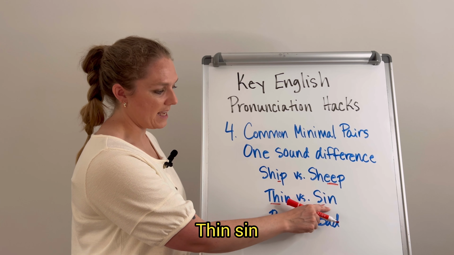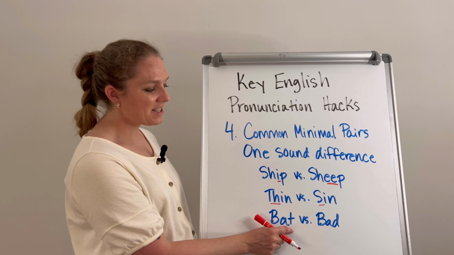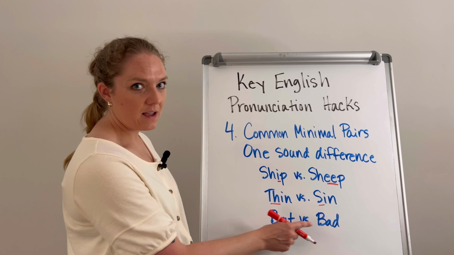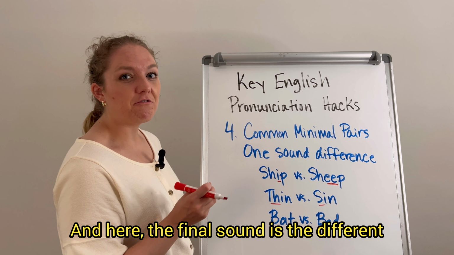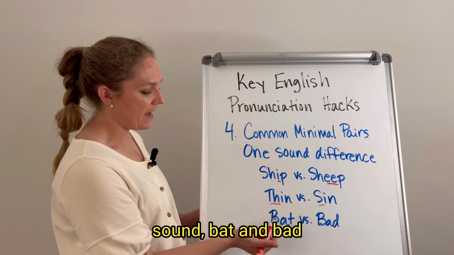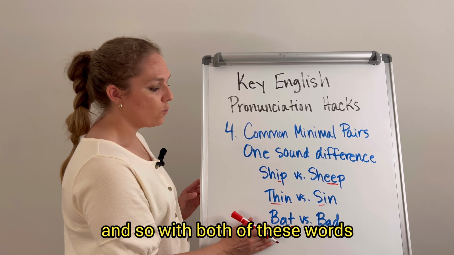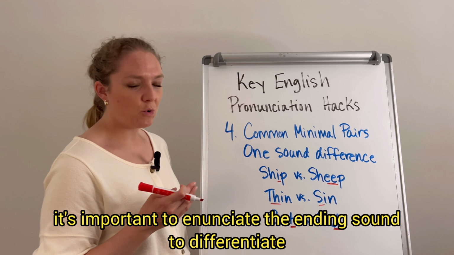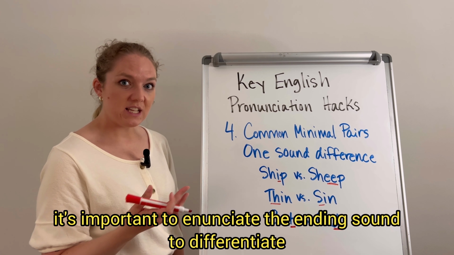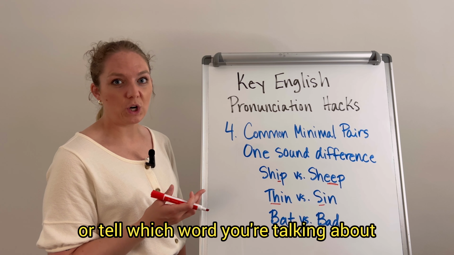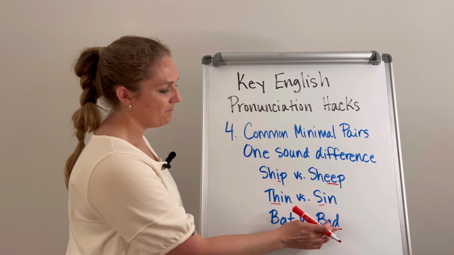The final two words are bat and bad. And here, the final sound is the different sound. And so with both of these words, it's important to enunciate the ending sound to differentiate or tell which word you're talking about. Bat and bad.